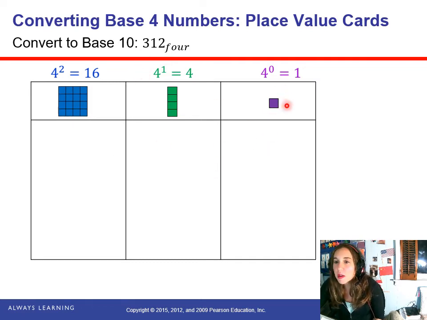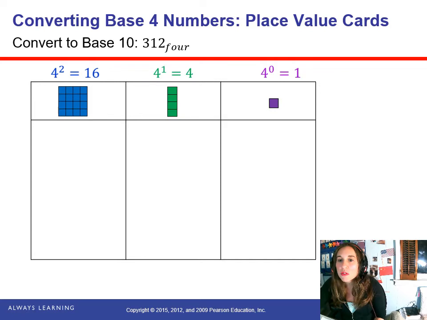I have my table set up. I've got each of my place values set up with their associated values, so my powers of 4 and their associated values going up by place value. And so now instead of drawing out my unit strips and mats, since I'm doing place value cards, I'm just going to make my circles. So before I just used those circle manipulatives, now I'm just going to draw them.